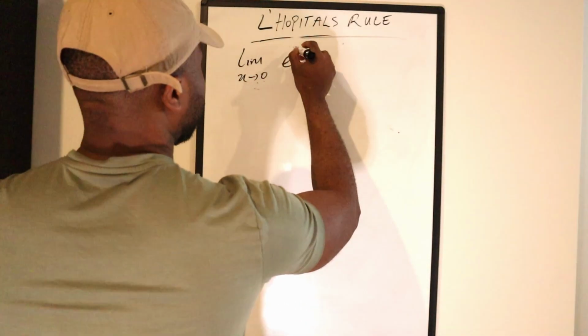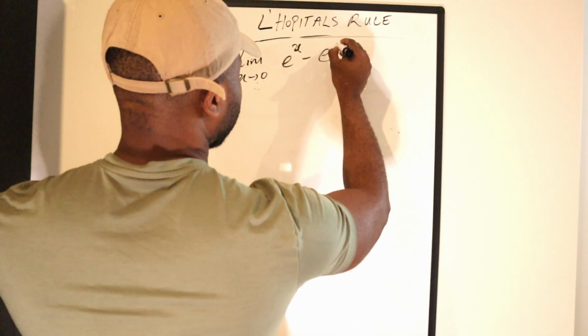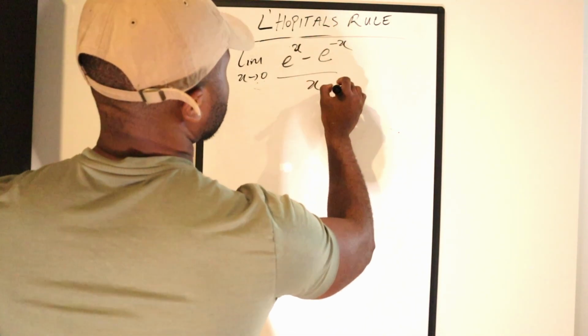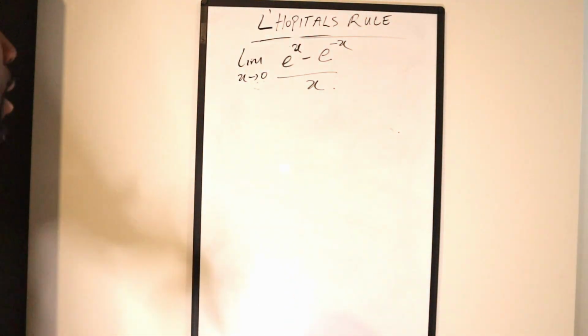Let's say we have exponential x minus exponential minus x over x. So the same rule applies to this as well.